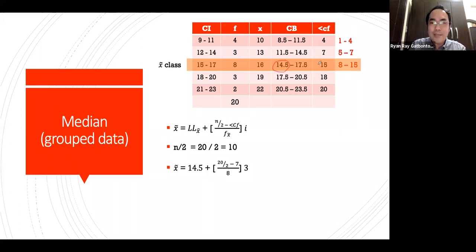So this is the median class. This is the cumulative frequency preceding the median class. So that's why we put here 7. We divide it by 8 because this is the frequency of the median class, and multiply it by 3. Doing this computation, we will arrive at 15.63.